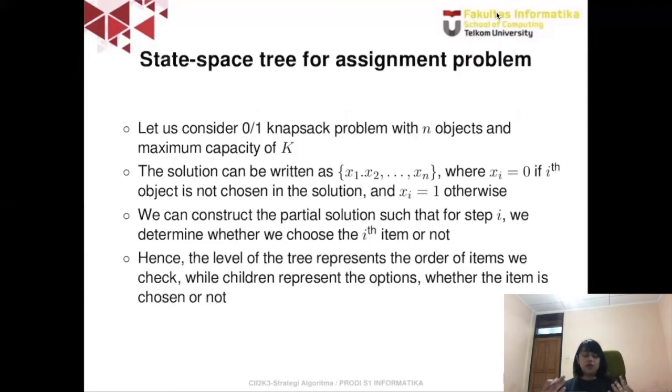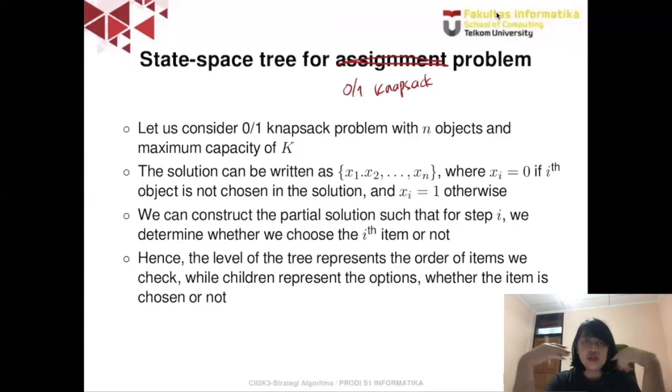So how can we construct a state space tree for this problem, the 0-1 knapsack problem? Let us consider a discrete knapsack problem with n objects and maximum capacity of K, where the solution of the problem is written like we described before in the previous slide.